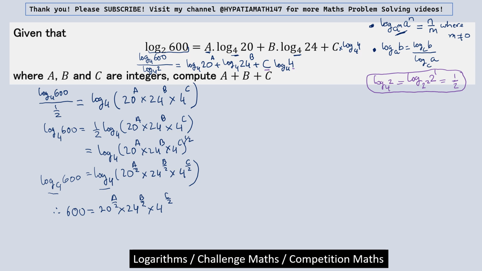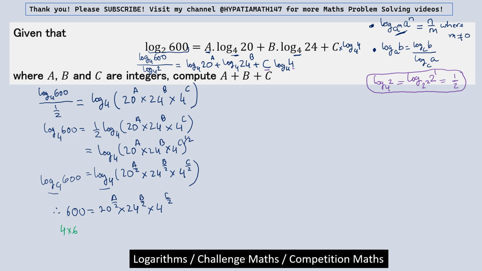Now what do I do with 600 and the 20s and 24s? Well, of course I'm going to break them down into their factors. 600 I can write as 24 times 25. So instead of writing 24, I'm going to write 4 times 6.